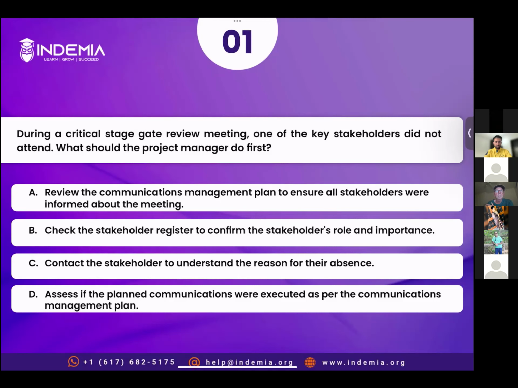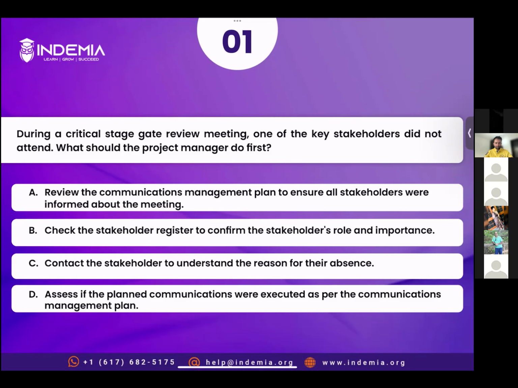Mohan, you have chosen option A. Yeah, this is kind of confusing, but I think I was between A and B. The stakeholder register comes first, right? To confirm, but the stakeholder register is basically where you identify the stakeholders and then you categorize them based on the importance in the organization and how close they are to the project.